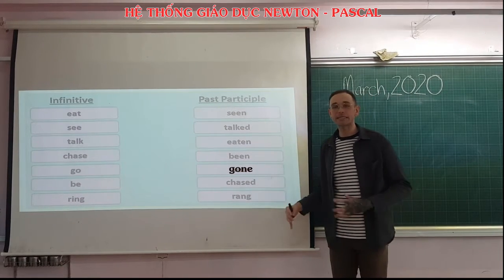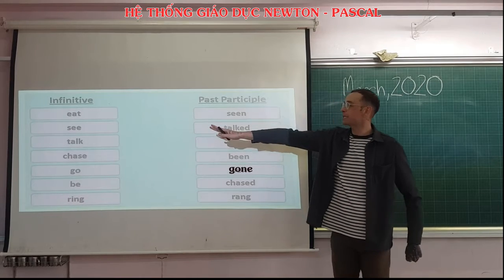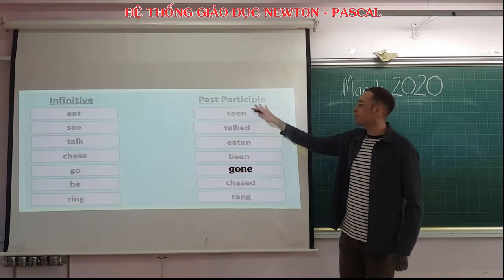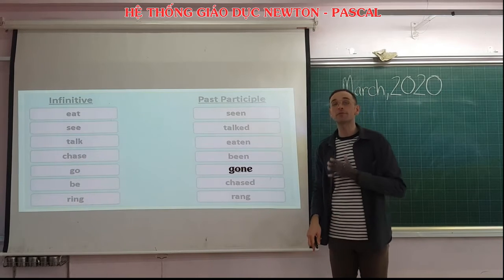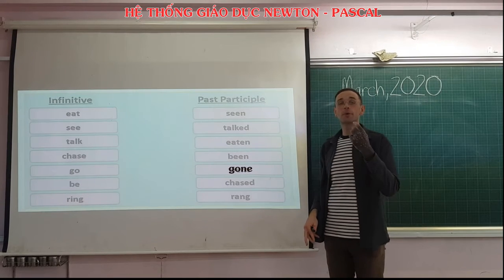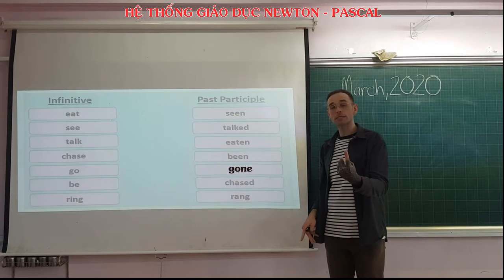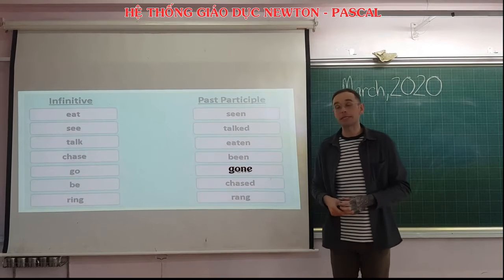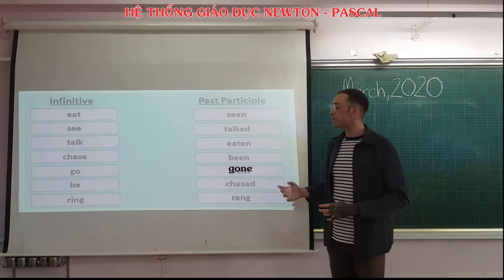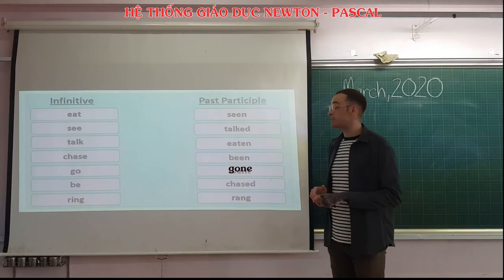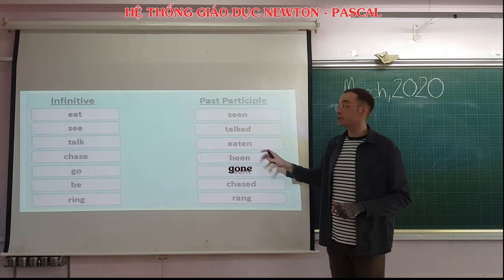This is very easy. All we need to do is match the infinitive on the left with the past participle on the right. And this is just to refamiliarize you with both the regular past participle and also the irregular past participle. So, I think this is pretty easy. You probably already figured out the answers. Let's go over them together.